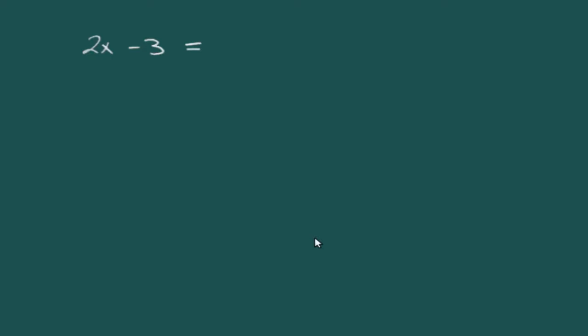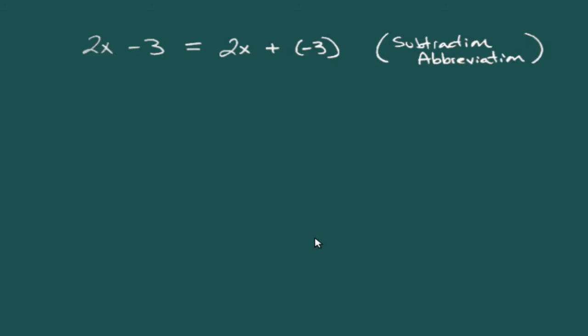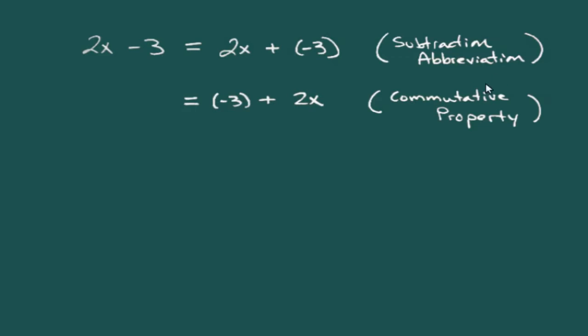And so to take you through the steps that are really happening there, we have the 2x minus 3. We're recognizing that as an abbreviation for 2x plus a negative 3. So that's our subtraction abbreviation. And then what happens there, now we're using the commutative property of addition. The commutative property of addition just says we swap these two around, the addition sign.